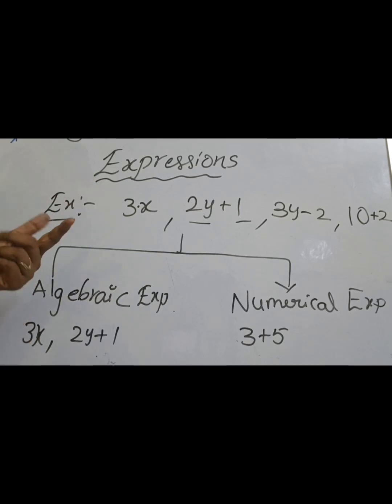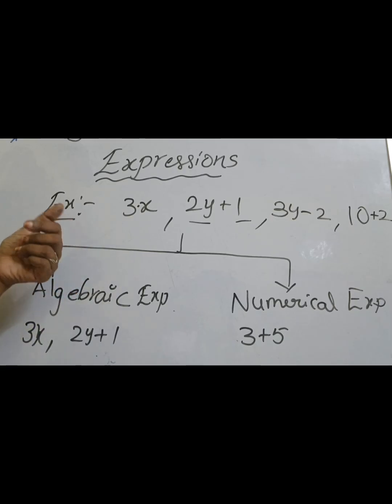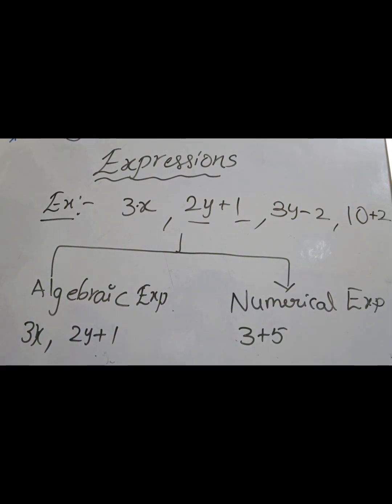In terms we saw two types: algebraic terms and numeral terms, and next we learned about like terms and unlike terms, and now expressions. In expressions also: algebraic expression and numerical expression. Clear till here?